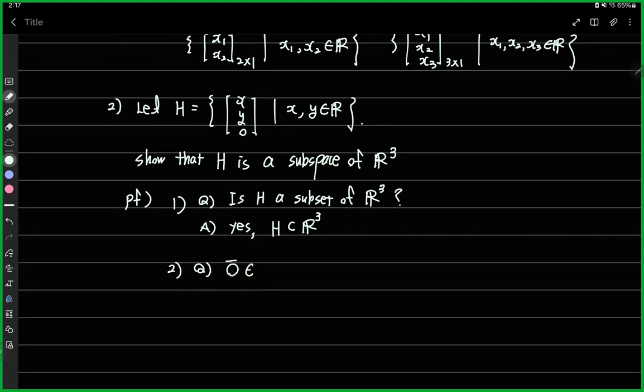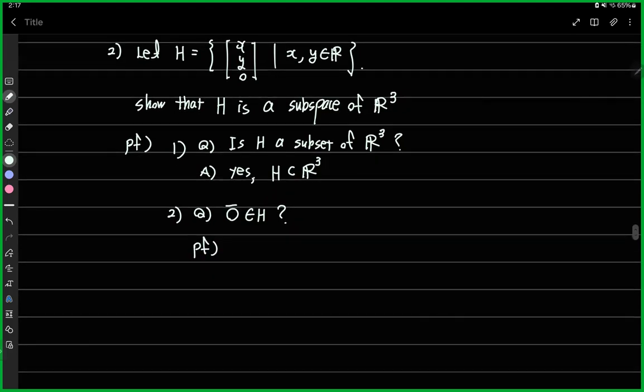The second question: the zero vector is in H. Let me prove it. First one, the zero vector means 0, 0, 0, because we have to take the zero vector from the vector space R3, so it should have 3 entries.